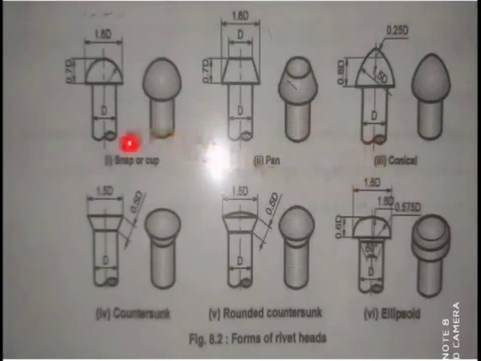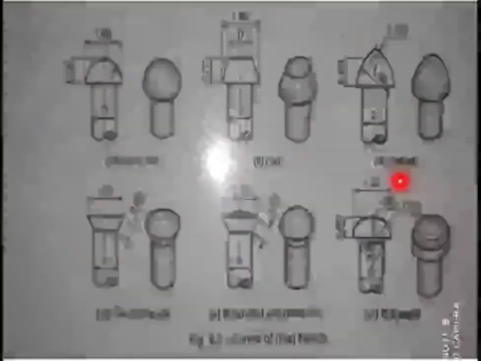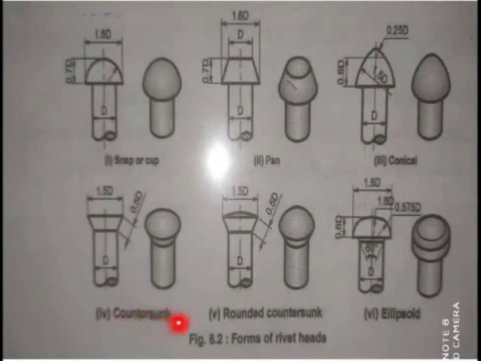Now here are the various forms of the head. According to the form of the head, there are various types of rivets: the snap or cup rivet, pan rivet, conical rivet, countersunk, rounded countersunk, and ellipsoid.